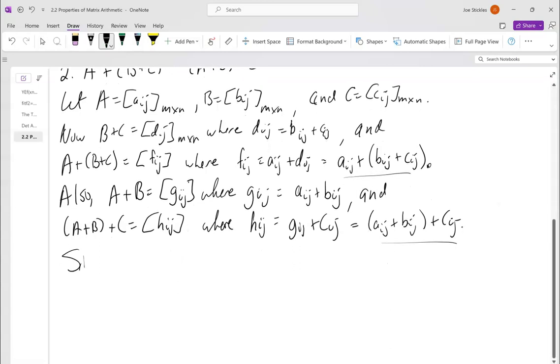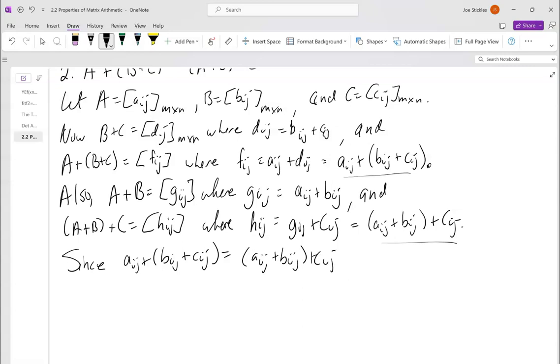So we can say since A sub ij plus the quantity B sub ij plus C sub ij is the same thing as the other way around, we're going to have that our G sub ij is equal to H sub ij, which is exactly what we wanted, right? We agree? It's exactly what we want.